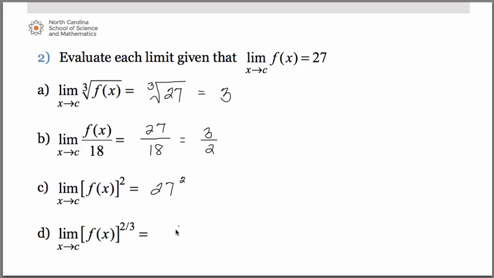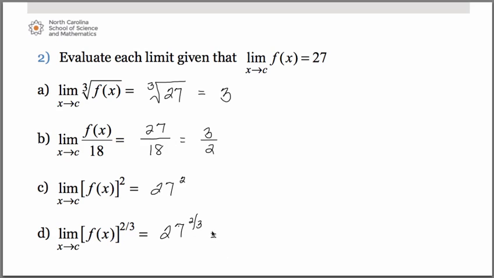Now the last one is a great example of one that you might see in an assessment that you might encounter. Typically these problems are going to show up on non-calculator assessments, so you must be prepared to do these in your head, and this is a great example of that. Here we want the limit of the function raised to the 2/3 power. So we're going to take the 27, which was the limit of the function, and we need to raise that to the 2/3.